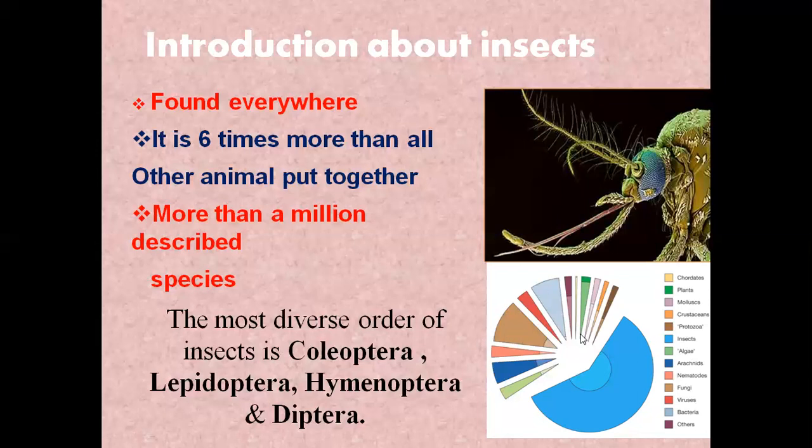If you see this graph, there are different types of organisms, but the insect share is the largest because its numbering is more.